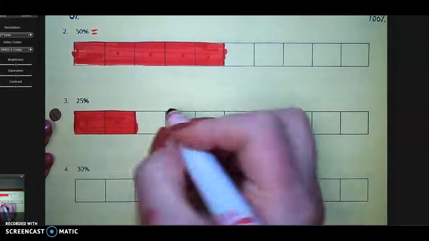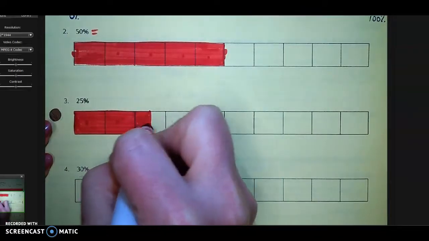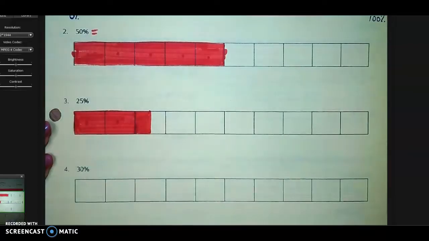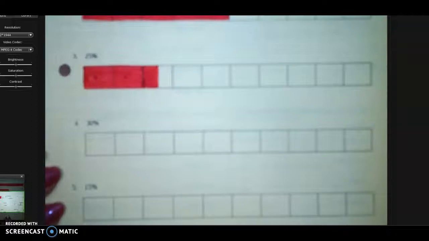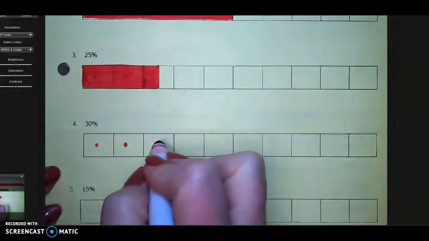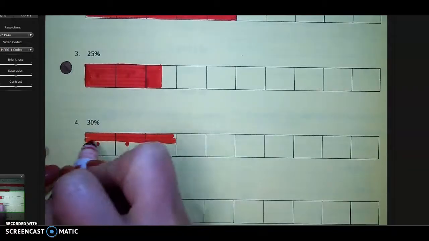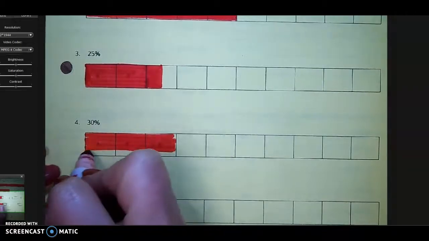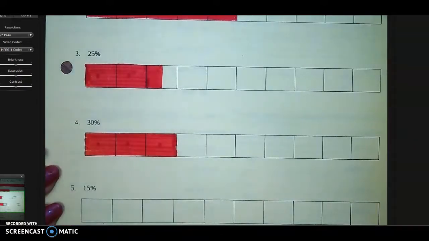Well, 25 is halfway, so it's going to be half of a block. That next one right below it is 30%, so I'm going to do 1, 2, and I'm going to shade that whole third block in there. So you can see the difference between 25 and 30% is 5%, or half of one of our blocks.